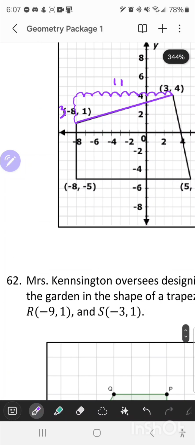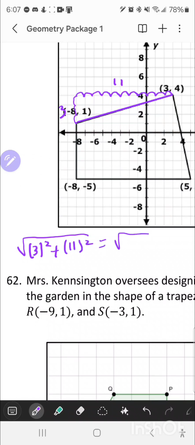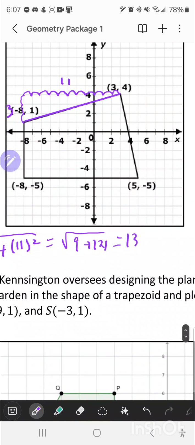So we say the square root of one side squared, 3 squared, plus the other side squared, 11 squared. 3 squared is 9, 11 squared is 121, and this is going to be the square root of 130. That's the measurement of this side.